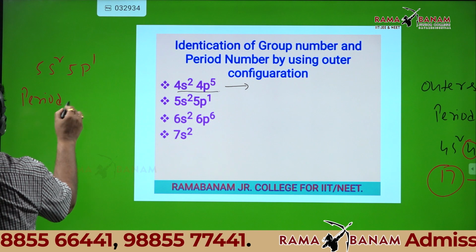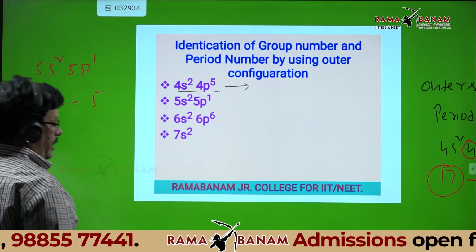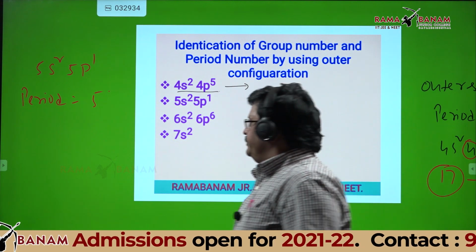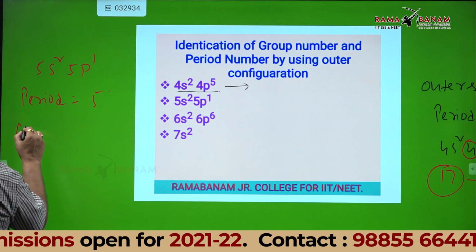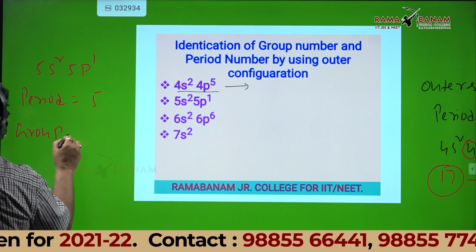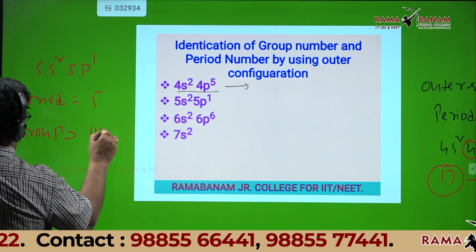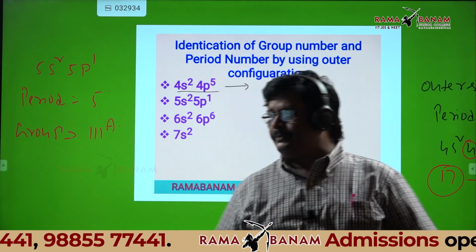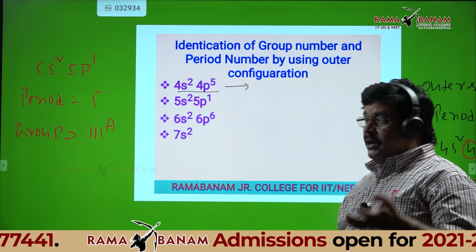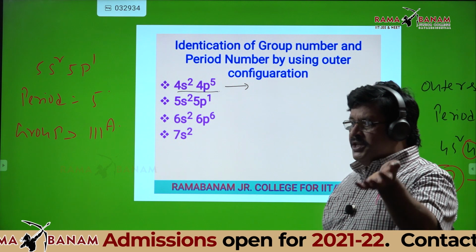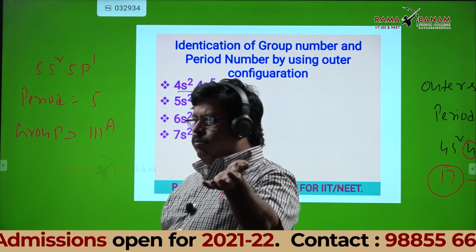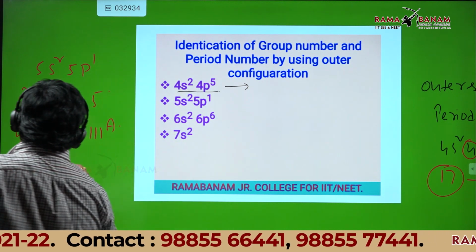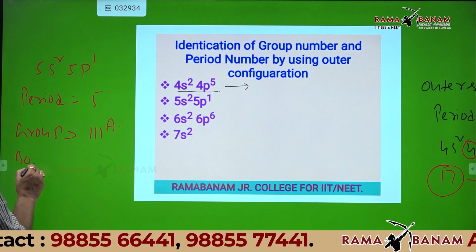Yes, period 5. Can anyone tell the group number? Third group, third A or column 13. Is it okay? Yes, sir. Can anyone tell to which group, meaning the name of that? Boron family. Excellent, Arshini, it's a boron family.